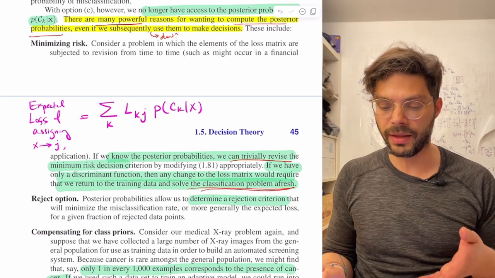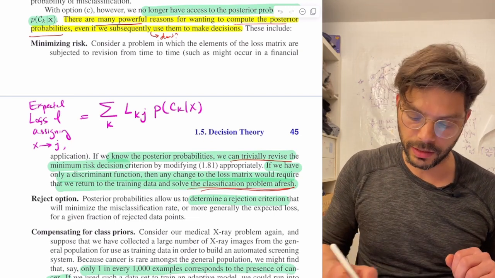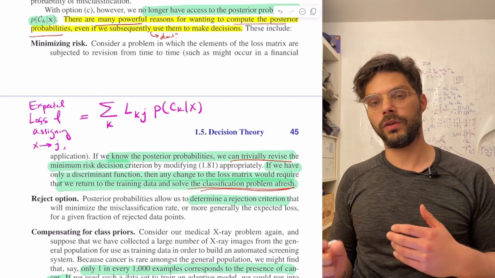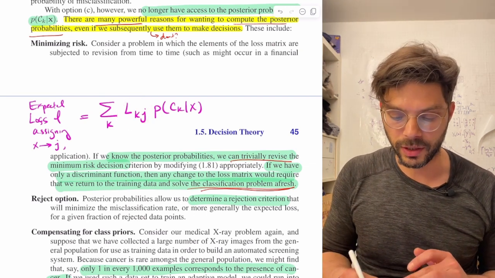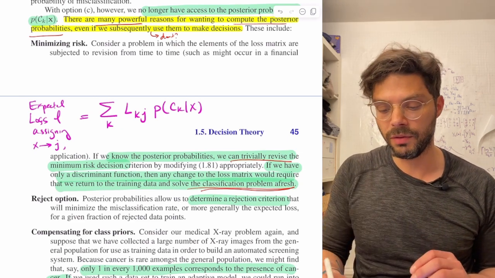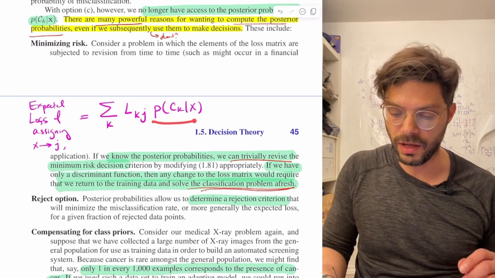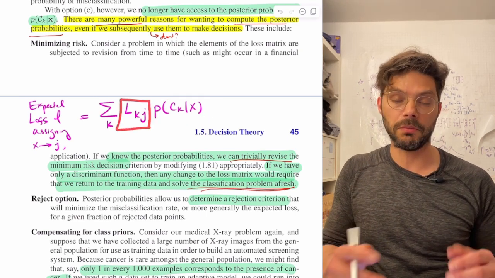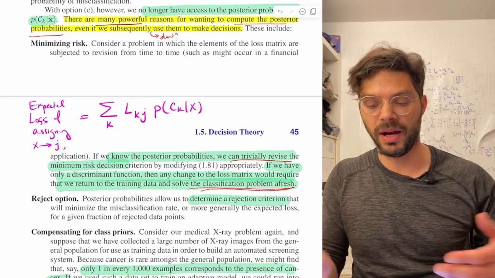And so now it's clear that if your loss matrix changes, then the decision you're going to make changes too: you're going to want to assign x to the class where this value is minimized. If your losses change, that's really easy. If you've got these posteriors, you just update those numbers and minimize over j.